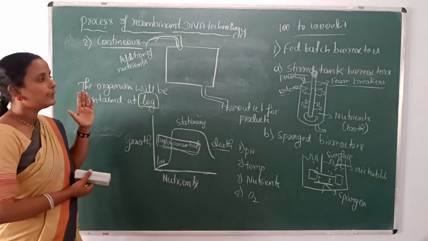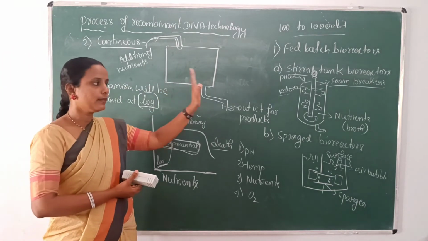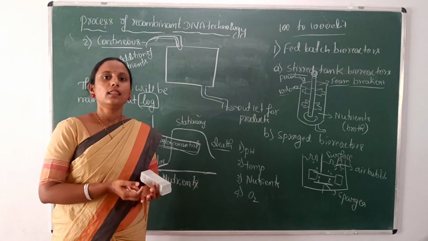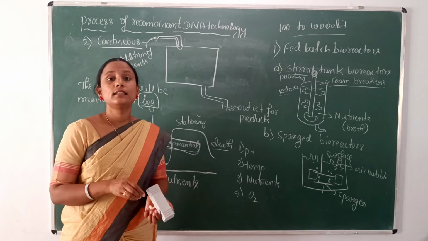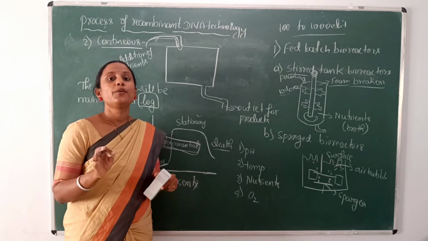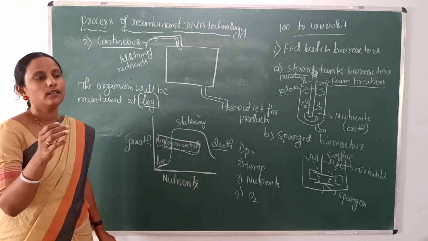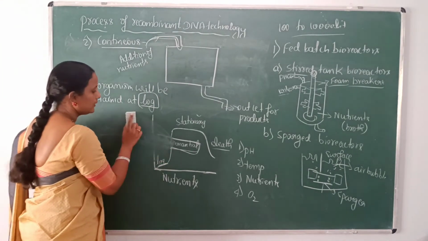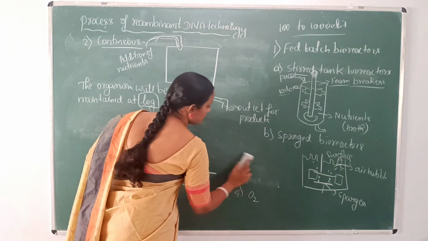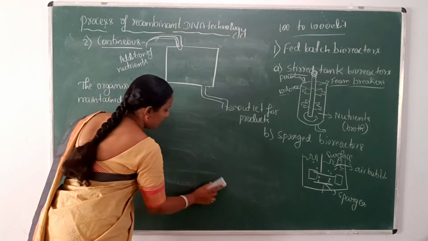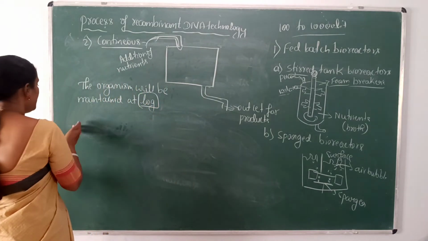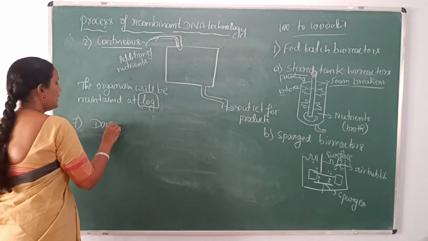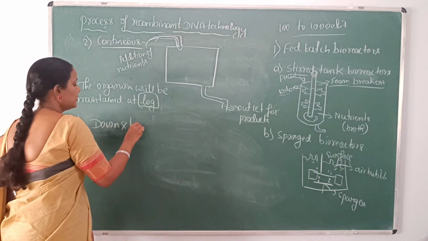And the next step after growing the organism, the recombinant cell on a large scale, the next step is the isolation and purification of the products, and that step we call it as the seventh step in the recombinant, and it could be the last step, is called, together we can call it as downstream processing.